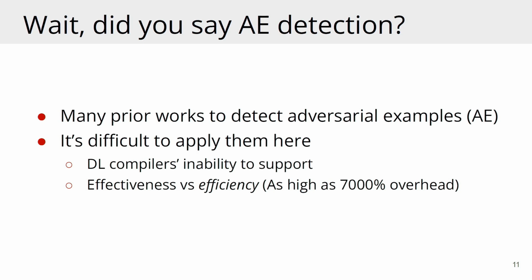Another reason is that they focus more on the effectiveness aspect of the detection method, but they don't emphasize as much the efficiency aspect. However, for the DNN executables case, we know that efficiency is important, and one big reason why we want to use DL compilers is because of the better optimizations and better speeds that it provides.